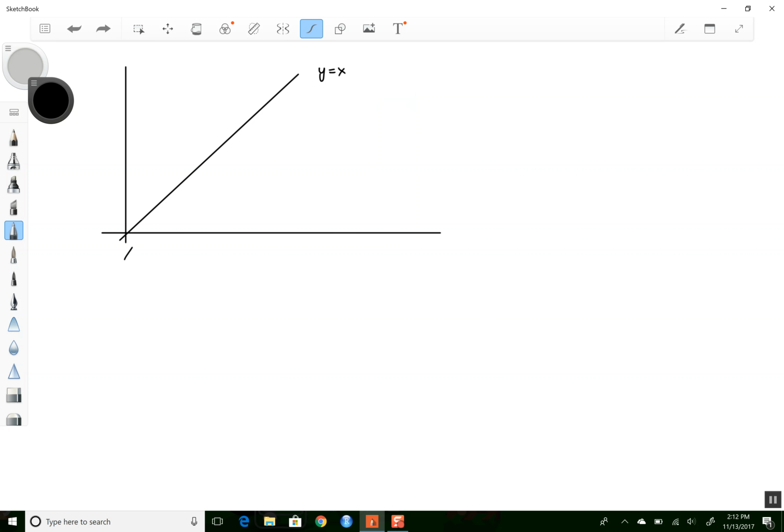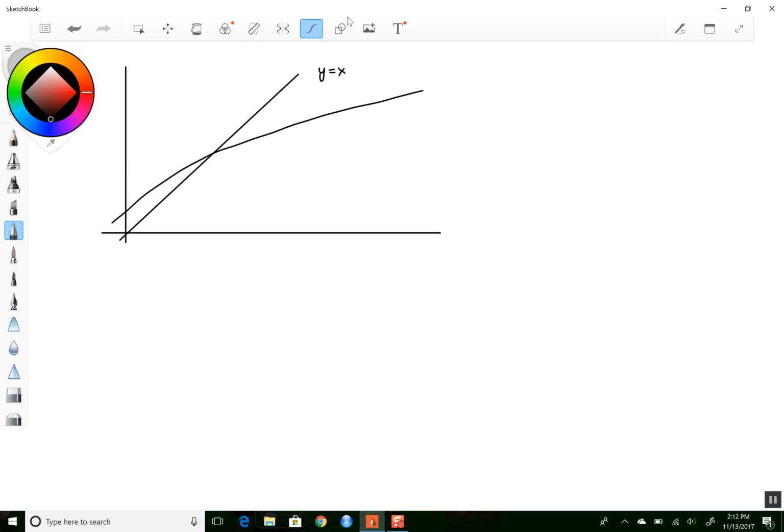All right. So the solution is going to be right here, right? This is what we want to find.